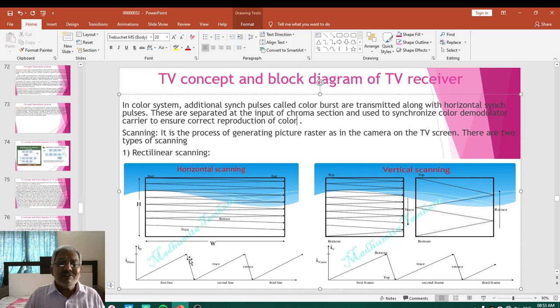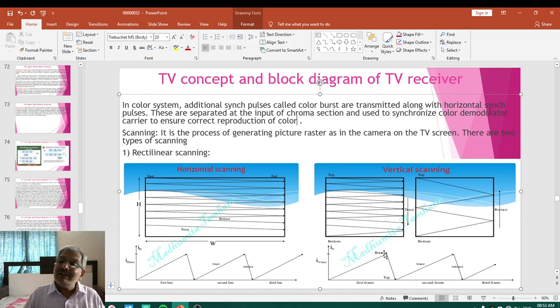When the horizontal scanning system is initiated, the vertical deflection system is simultaneously initiated. Means horizontal and vertical scanning take place simultaneously. When 625 horizontal lines are scanned, the current through the vertical deflection system becomes maximum and the spot reaches the bottom right of the screen.